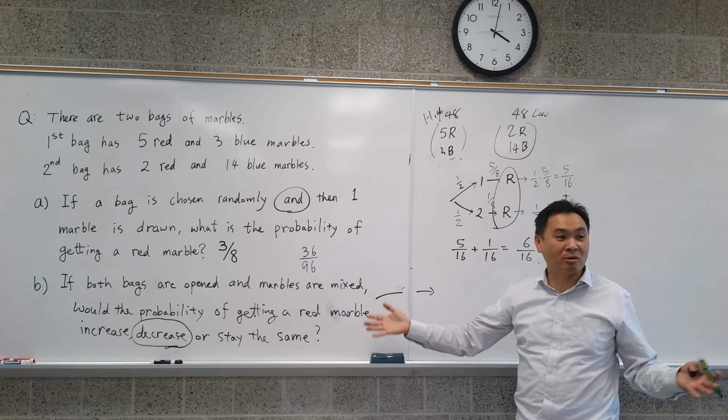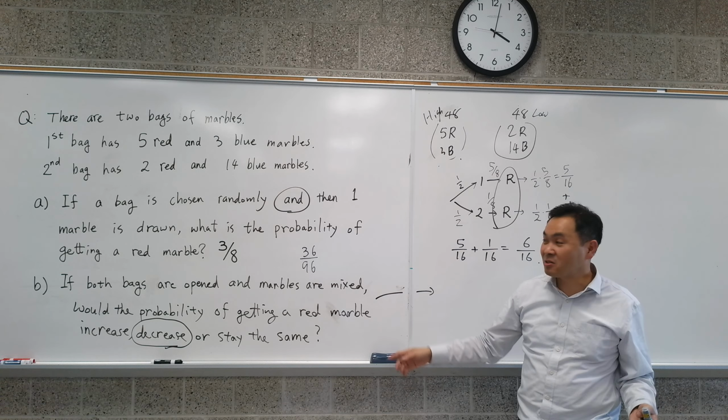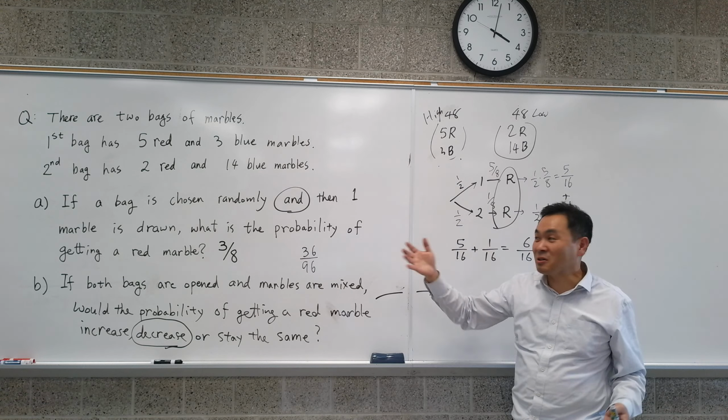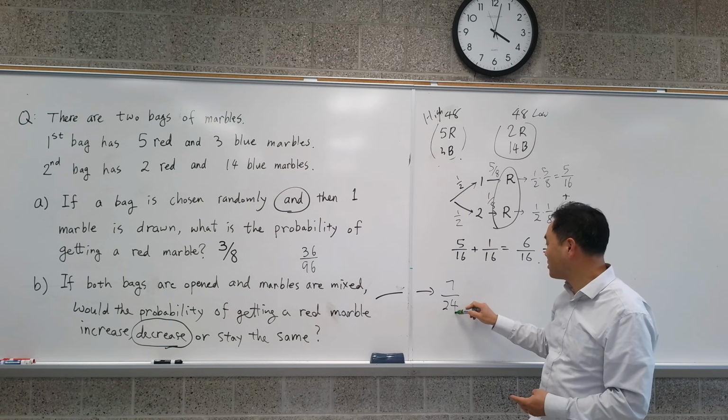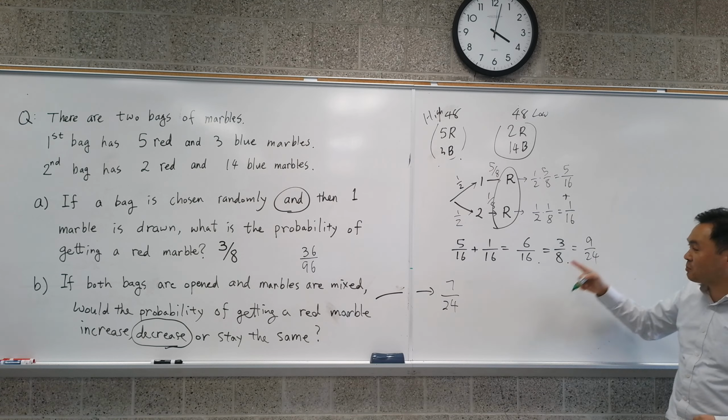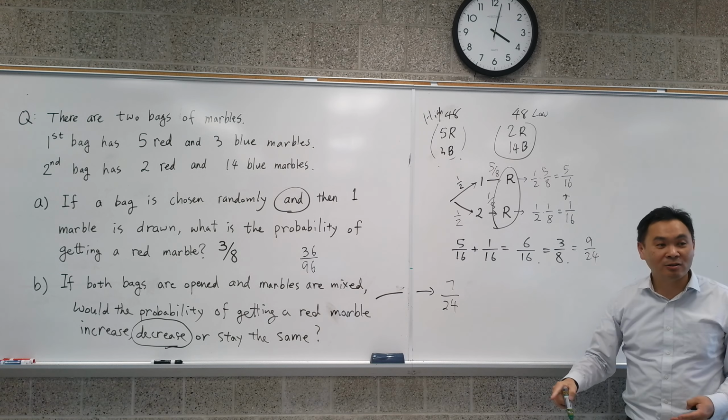They're just going to say, oh, it's 7 out of 24, right? It's just that this one gives you a confusing background story, but this is, of course, 7 red marbles out of 24. And of course, this is 9 out of 24, and since this is bigger than that, this one is smaller. It's a smaller probability. Okay.